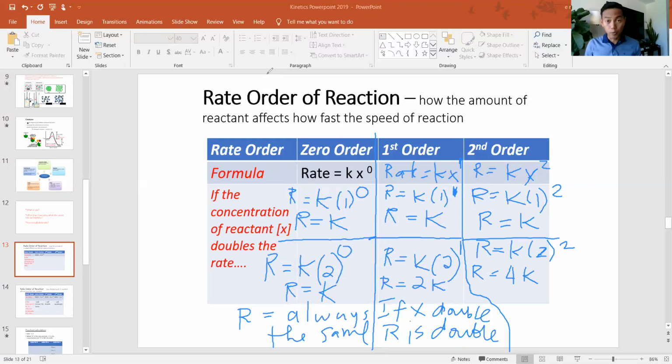If I triple the concentration, 3 squared is 9. So now the speed of the reaction is 9 times as fast. So there's this exponential change in the rate of the reaction based on the change that we're making to the concentration of our reactant.